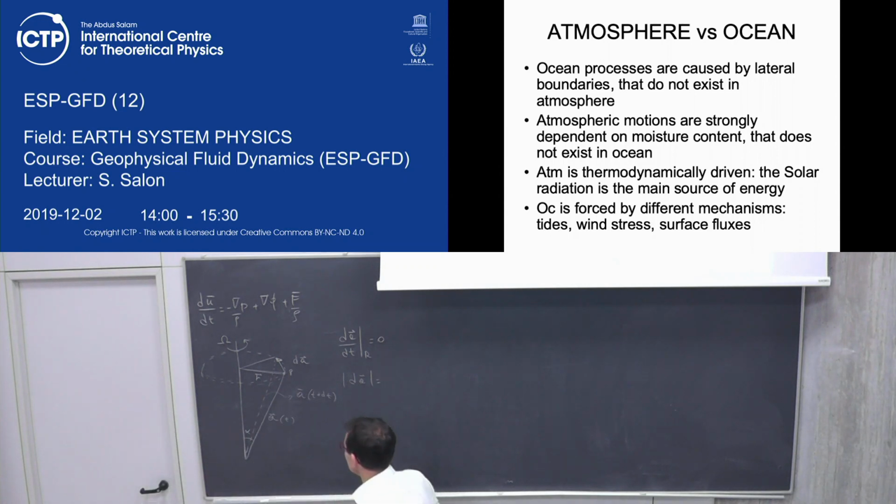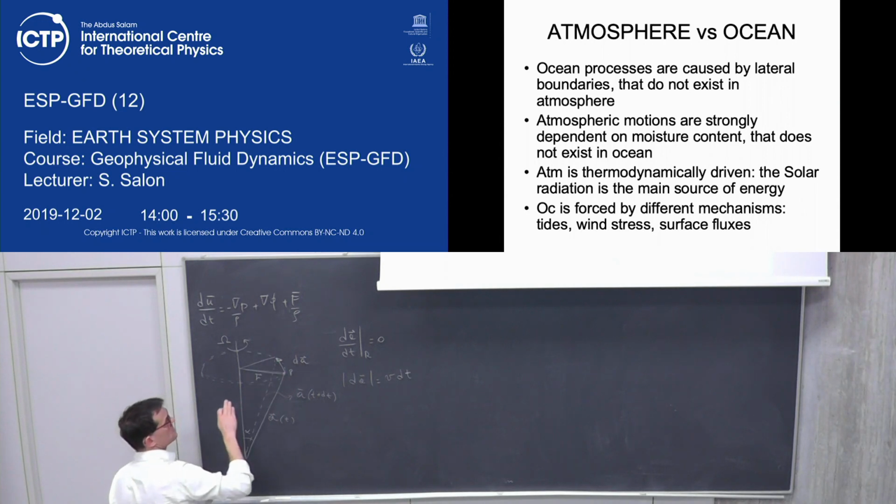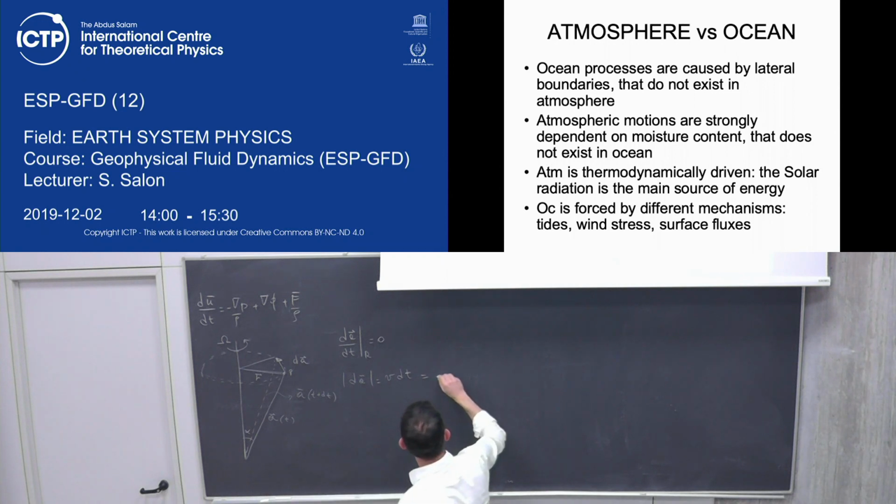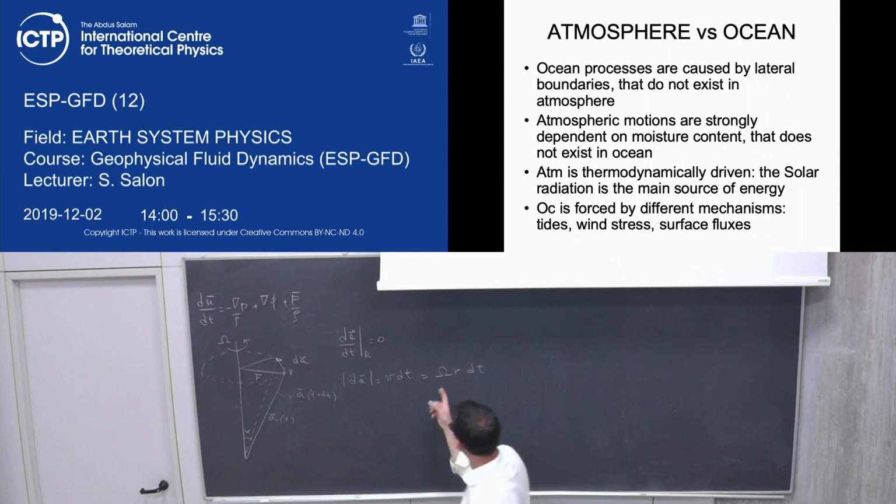So, how much is dA? dA is actually the tangential velocity v, which depends, of course, on the rate of rotation, multiplied by the infinitesimal time step. But how much is v? V is nothing more than omega r. Okay?